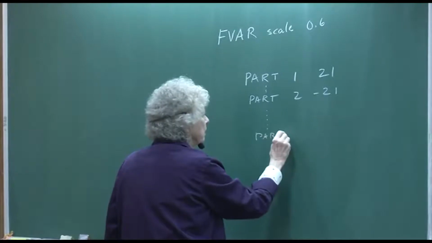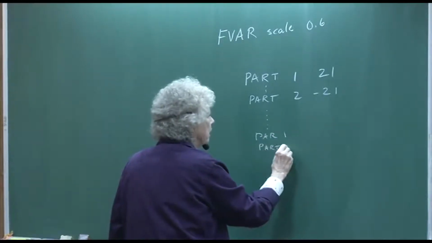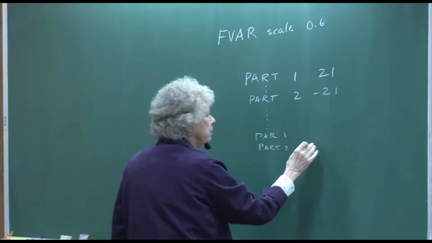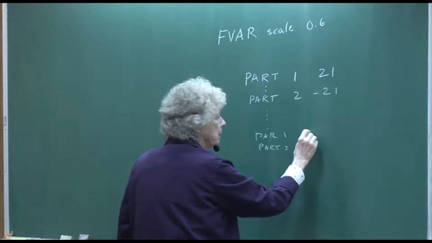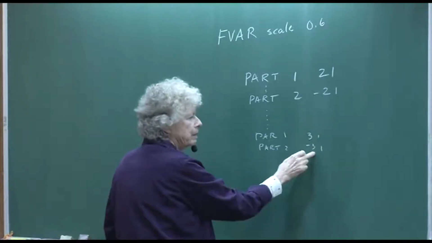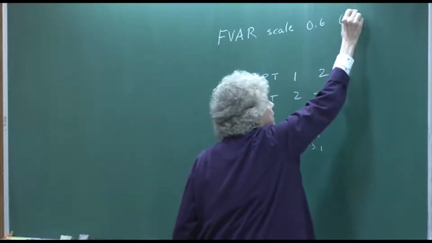And then, later on you might have part 1, part 2 again. But you're using a different free variable, so maybe 31 and minus 31. You can still use 1 and 2 here, but these are in a different location on here.